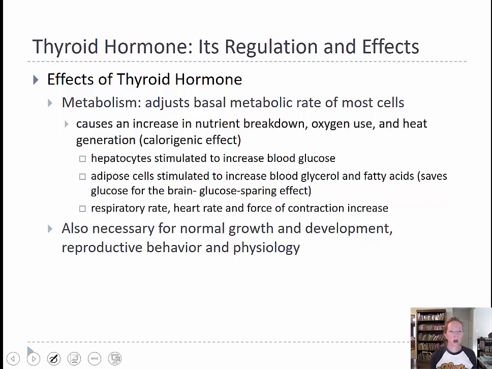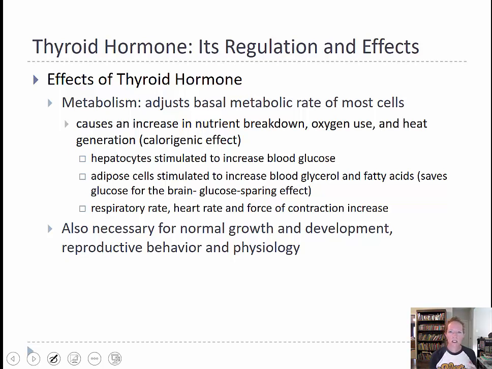Another thing I want to point out is how important thyroid hormone is for a lot of different functions in the body, not just metabolism, but thyroid hormones are actually required for normal growth and development. It's required for reproductive physiology.